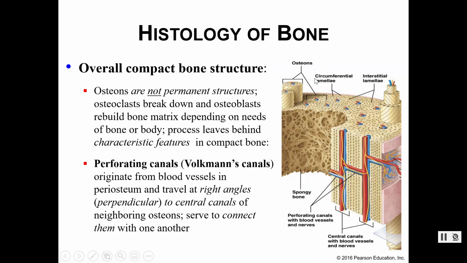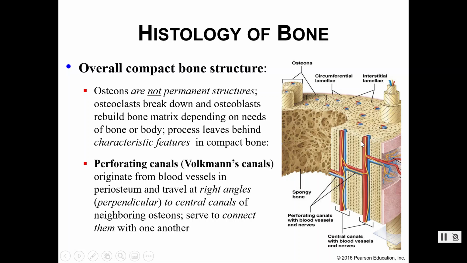You will notice that we have both circumferential lamella, on the outermost circumference of the bone, and then we have interstitial lamella that are on more of the interior portion of the long bones.